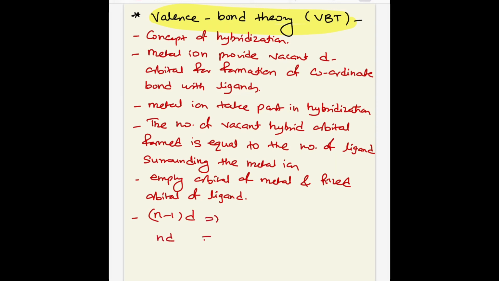The n-1 d complex is known as the inner orbital complex and the nd complex is known as the outer orbital complex.